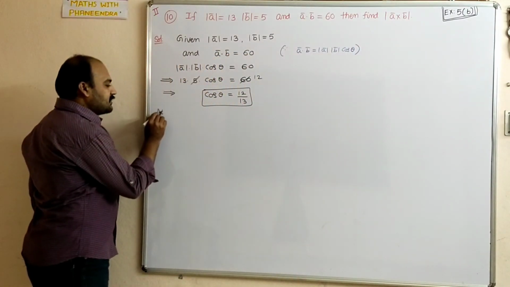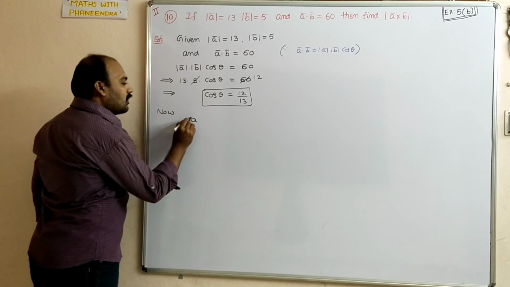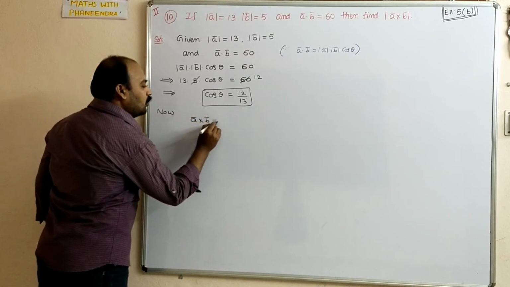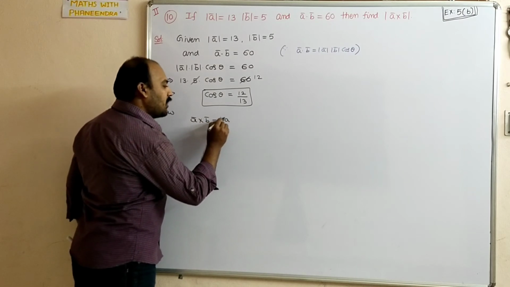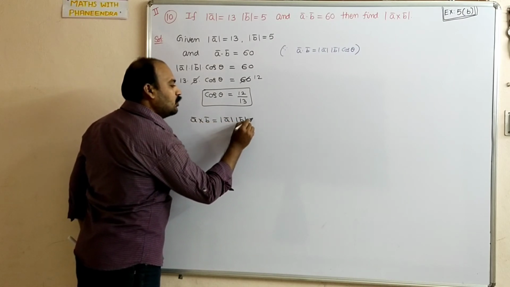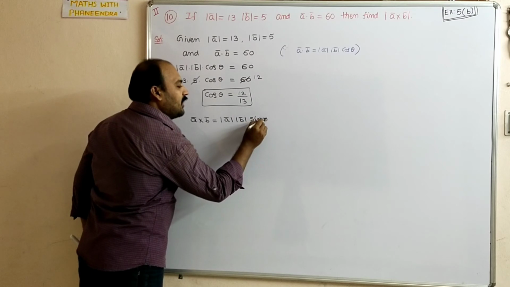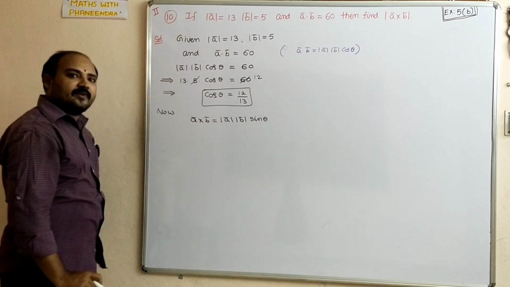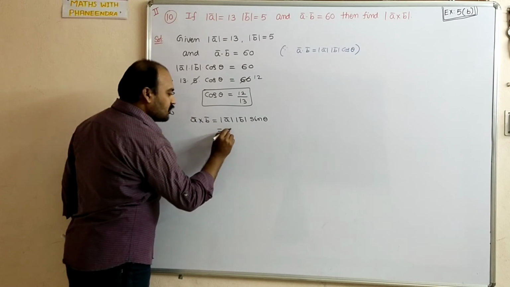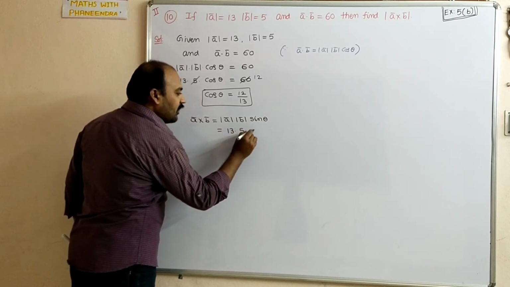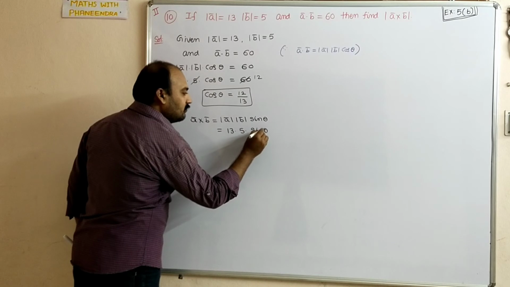Now consider a bar cross b bar. By the definition of the cross product of two vectors, it is mod a bar into mod b bar into sin theta, where theta is the angle between the vectors a bar and b bar. So the mod a bar and mod b bar values are there: 13 into 5 into sin theta.